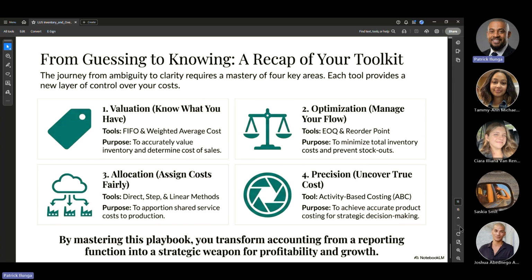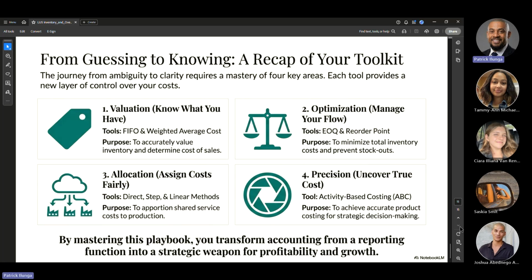Remember the tools, FIFO, weighted average cost, because we need to accurately value inventory to determine the cost of sales. Very important. Your valuation of inventory in your balance sheet on the current asset needs to be accurate so that you can move to the income statement.